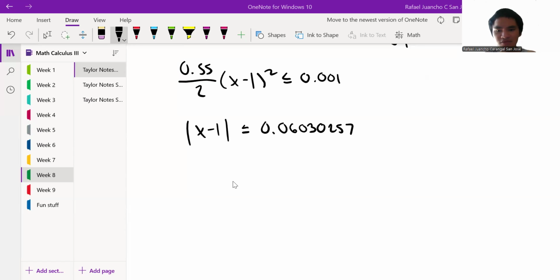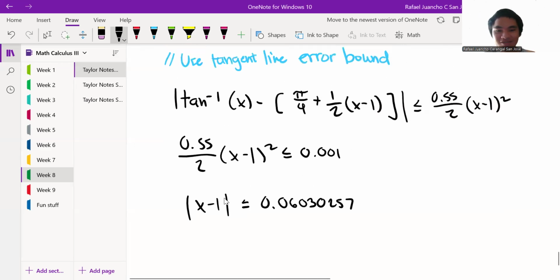Okay, so we want it bounded. Around. Oh, so that was the final step. That's so annoying. That was actually really annoying.